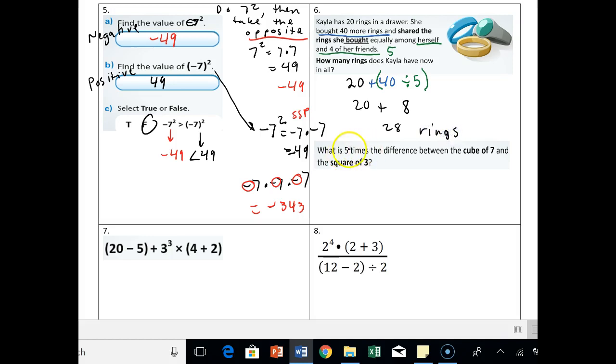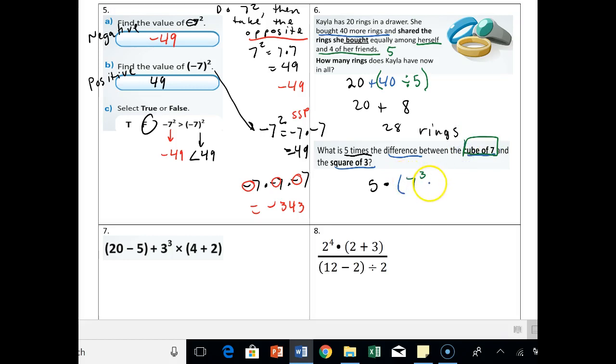All right, let's read this next one. It says, what is 5 times the difference between the cube of 7 and the square of 3? So 5 times the difference, the cube of 7. Remember, 7 cubed, that's 7 to the third.